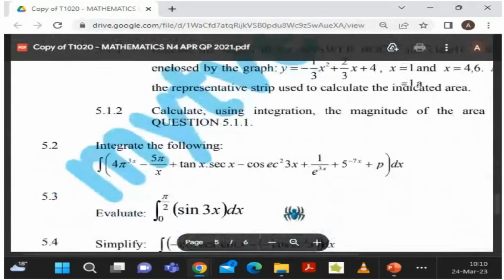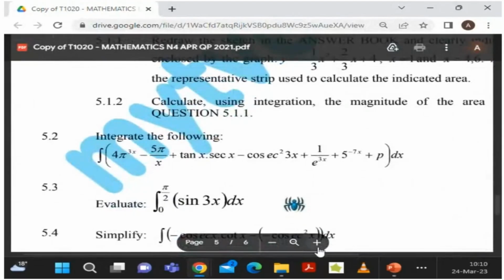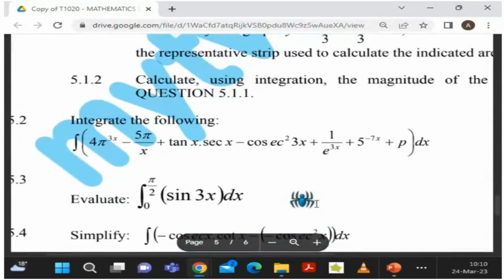Look at this question, 5.2. Now, like in the differentiation one, there are some situations where we might need to simplify first.